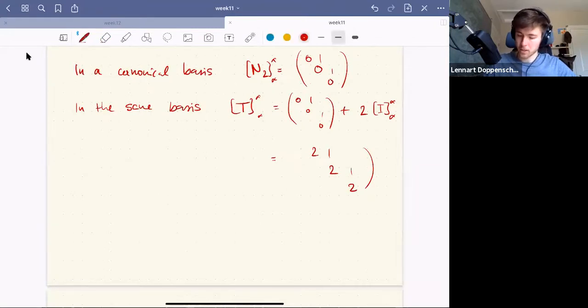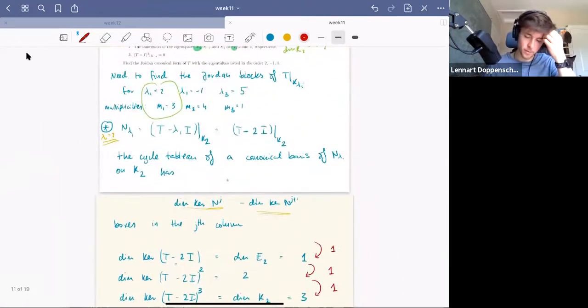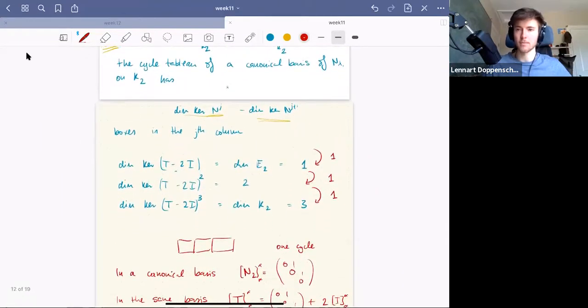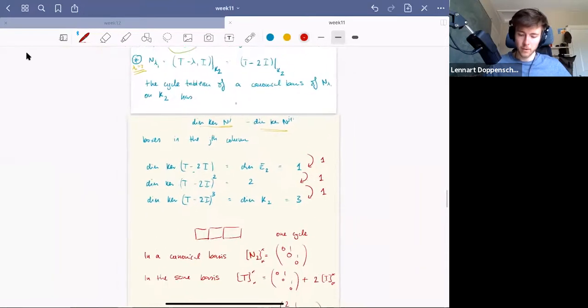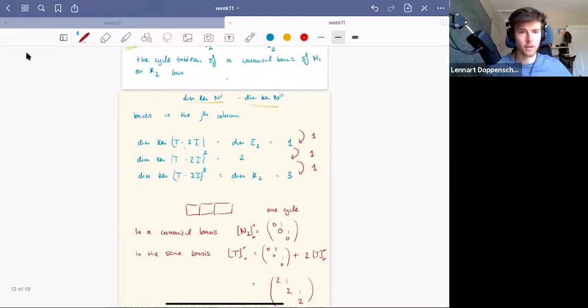Are there now any questions about this procedure of finding the first Jordan block? Because this is going to just repeat itself 2 more times to find the other Jordan blocks. And if you have questions, we might as well talk about them right now. We can talk about the discussion 9 later.